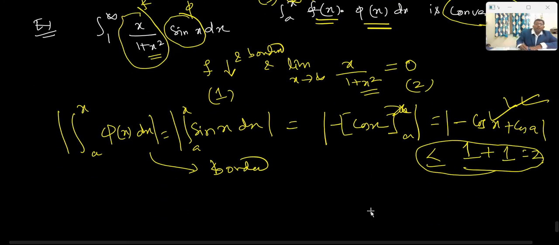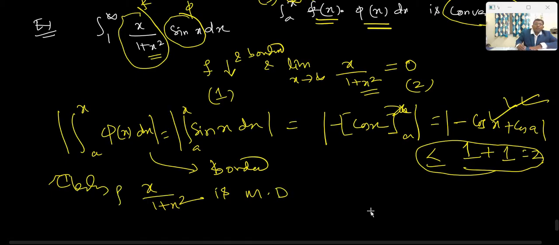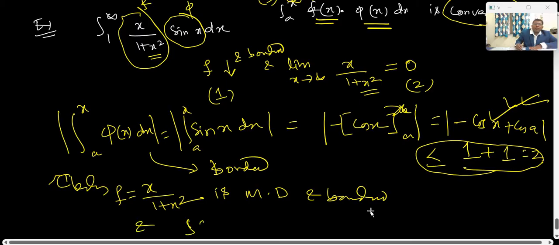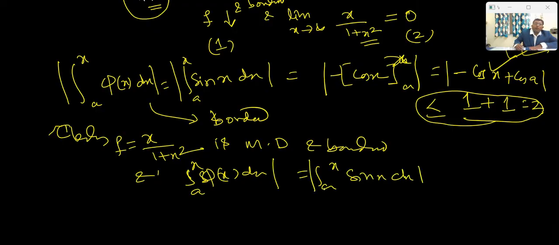So clearly what we get? X by 1 plus x square is monotonically decreasing and bounded, and the modulus of the integral of phi x dx from a to x, which is the integral from a to x of sin x dx, is also bounded.